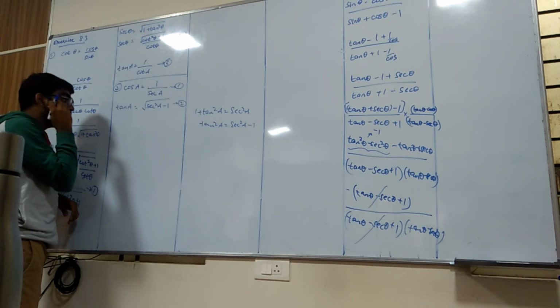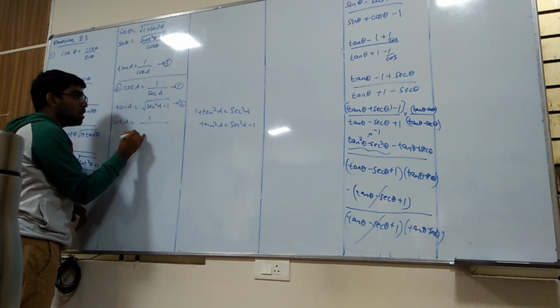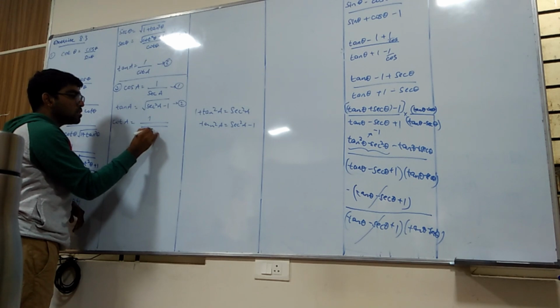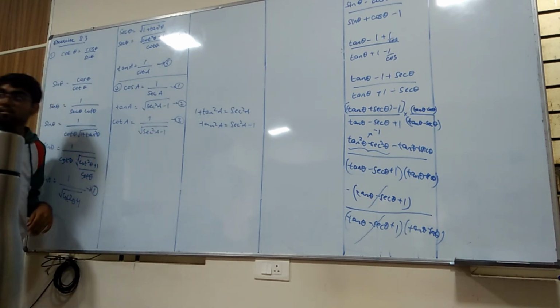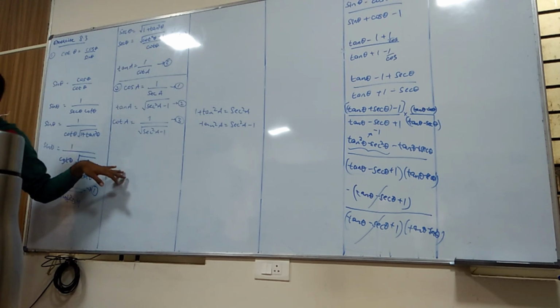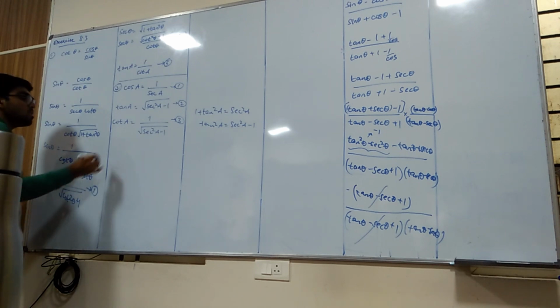So now this is equation number 2. So what will be sin? Or what will be cot? 1 by root of secant square A minus 1. That's also. We have 3 more ratios. Cot is 1 by tan. That's it. So now, what will be sin?